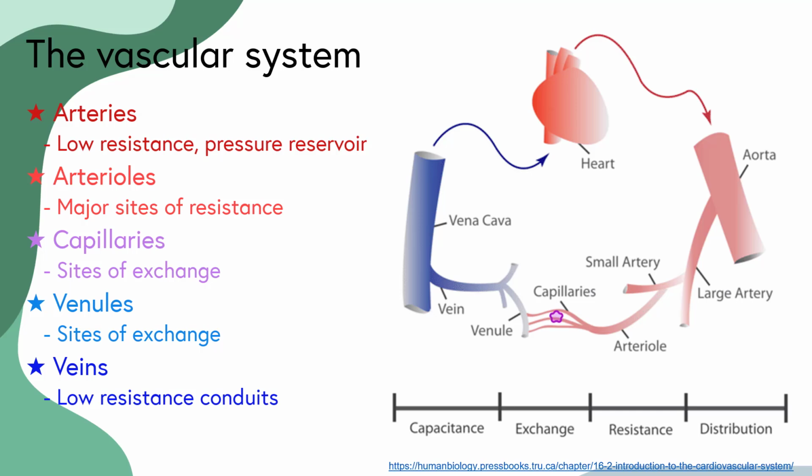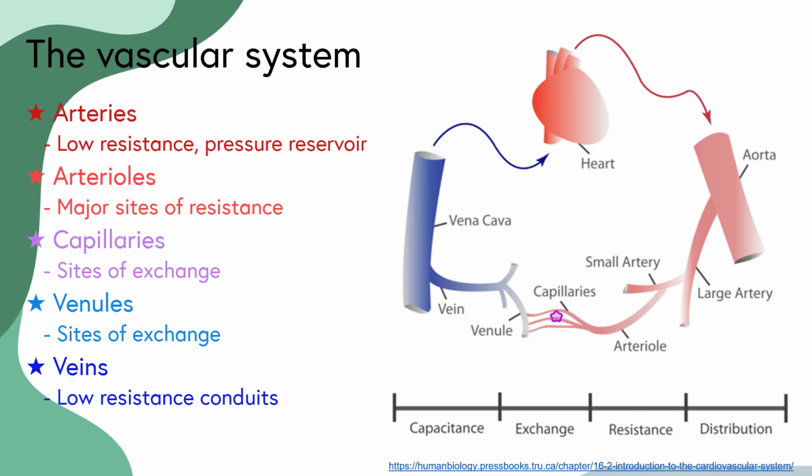And then the last one is the capillary. The capillary is between the arterial system and the venous system, and it's not visible to the naked eye. That is why the capillary was the last blood vessel to be discovered, in the 16th and 17th century, only after the microscope was invented.